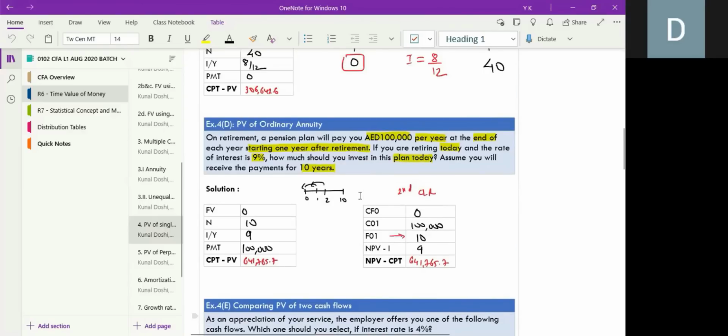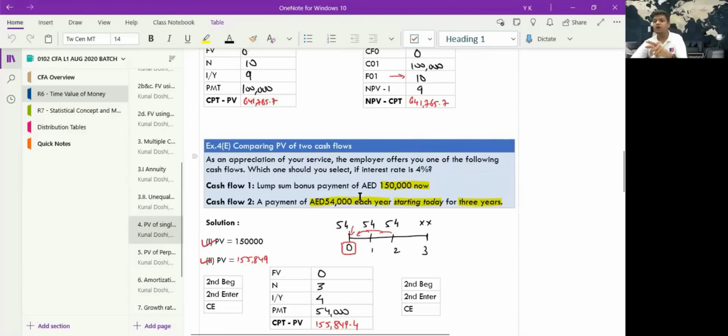Yes. Now here, assume your 54,000 you are putting at the end of the period, right? So you want to do that? Let's say your calculator is at the end mode. Put 54,000 as PMT, and then put N as 3, I as 4, 0 as FV and calculate PV.